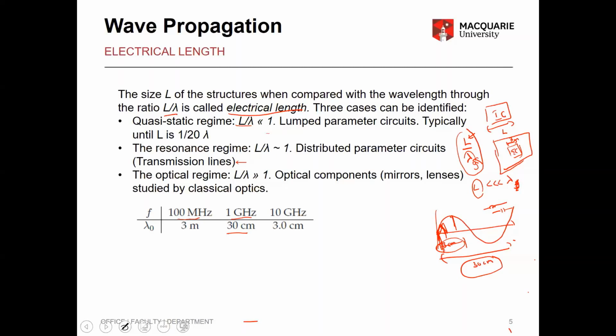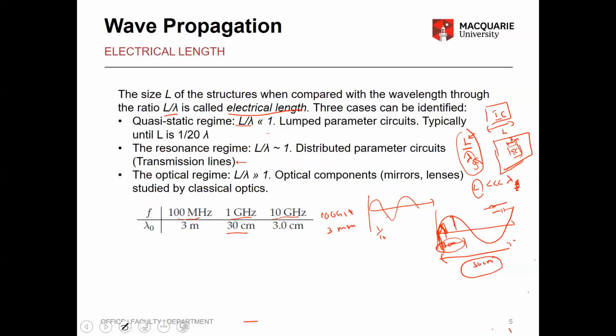Now, when you have 10 gigahertz, 3 centimeters, and you have an IC of 3 millimeters, it's still 1/10. So it's okay. But assume you go to 100 gigahertz. So it becomes 3 millimeters.